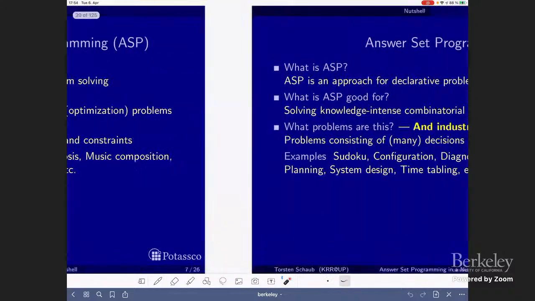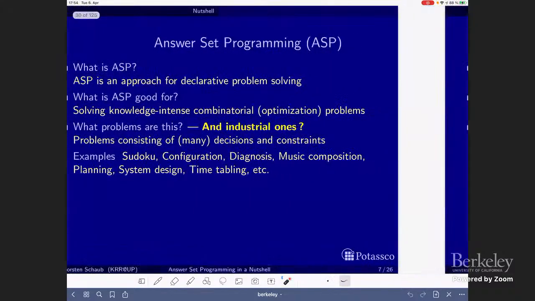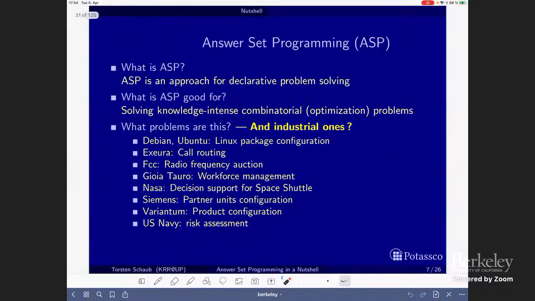Okay, so any industrial ones here? Well, here are some highlights of ASP success stories. Those of you who use Debian or Ubuntu, if they don't take the standard configuration, may actually be using clasp and clingo for solving their Linux package configuration.